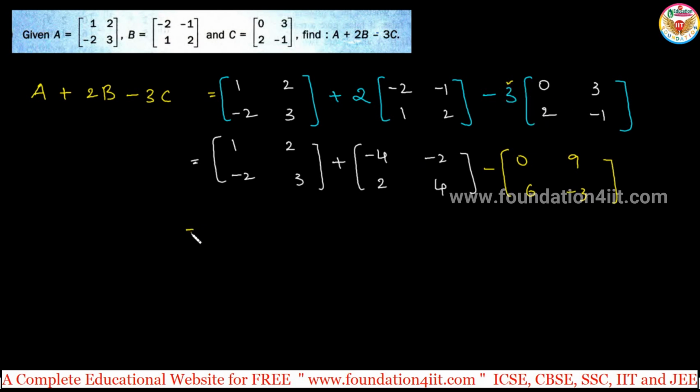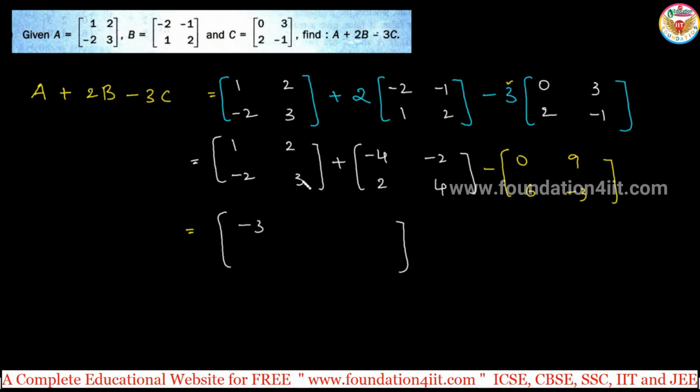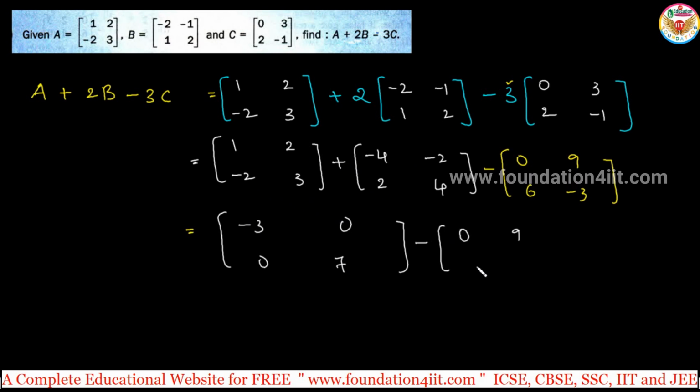Right. Next step, we can add this 2 first. Addition and subtraction of the matrices we did, right? Same type. 1 plus minus 4, so minus 3. And 2 plus minus 2, so 0. And minus 2 plus 2, 0 again. 3 plus 4 is 7. Minus, then 0, 9, 6, minus 3 as it is.